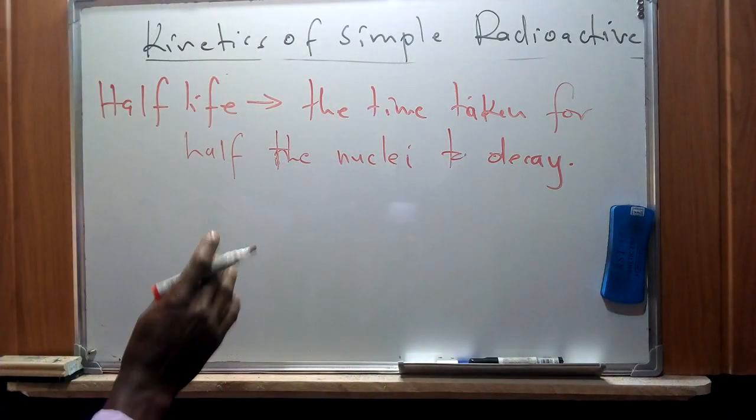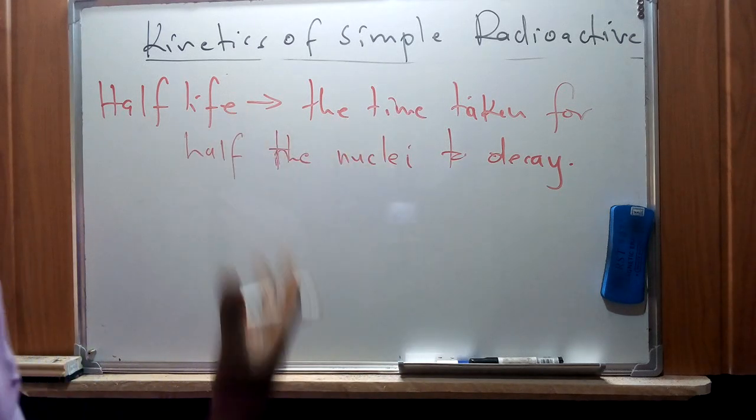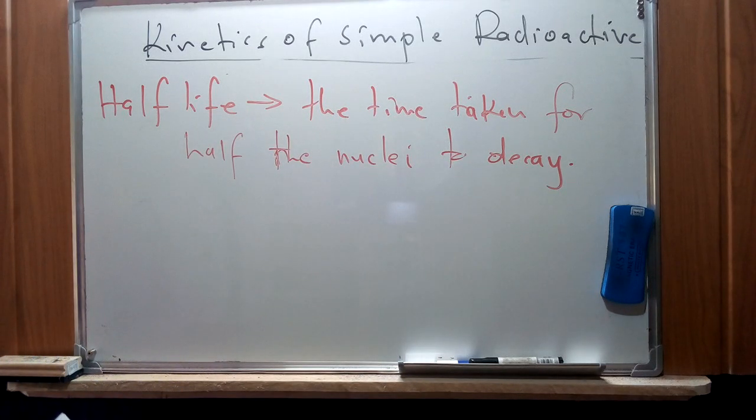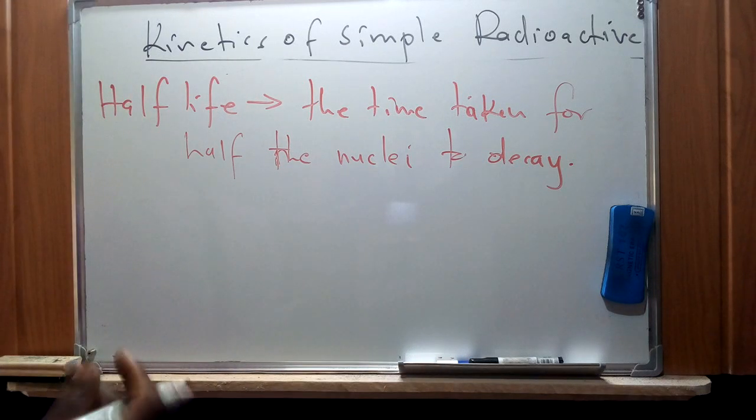Basically it can simply be the time taken for half the quantity of the nuclei to decay, or the time taken for the activity, which we refer to as the rate of disintegrations, to move to half of the specific quantity that we have mentioned.